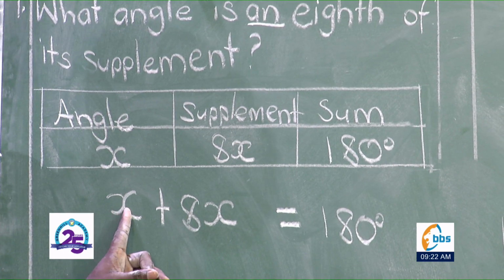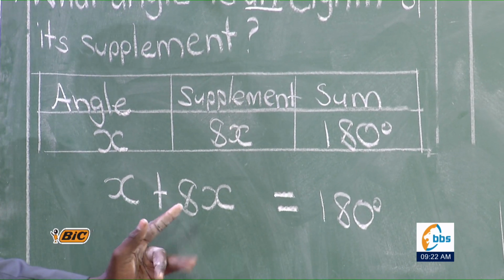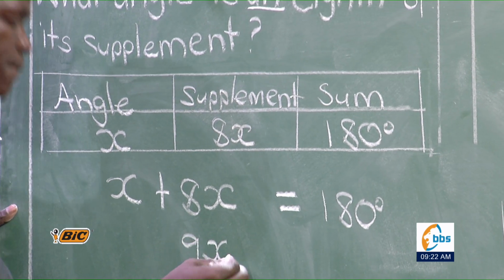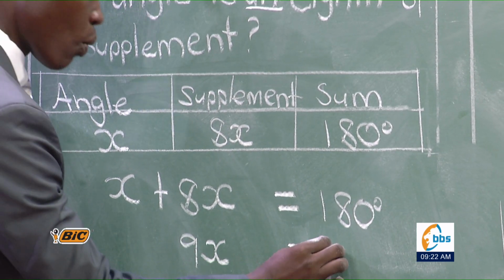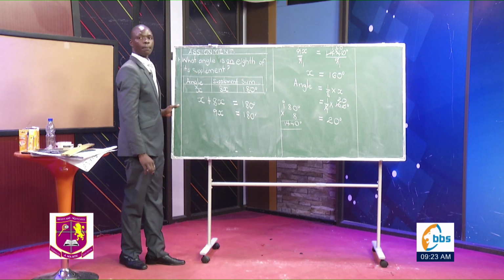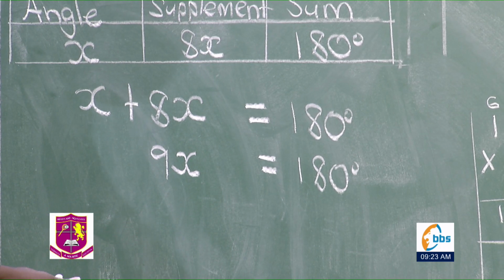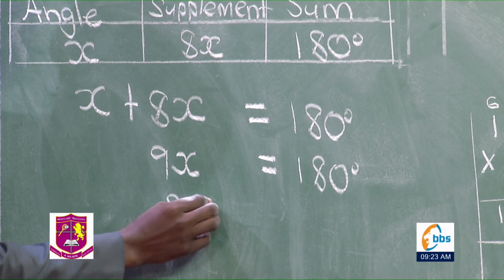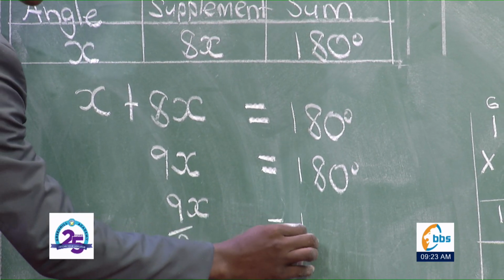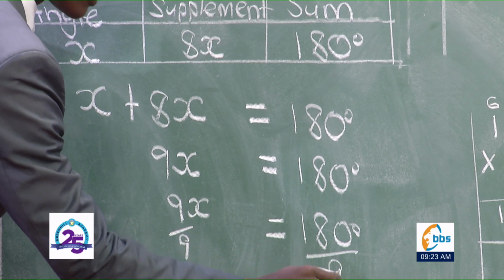x is 1x. X plus 8x, you will get 9x, which is equal to 180 degrees. From here, we shall have to divide both sides by the coefficient. 9x divided by 9, which is equal to 180 degrees also divided by 9.